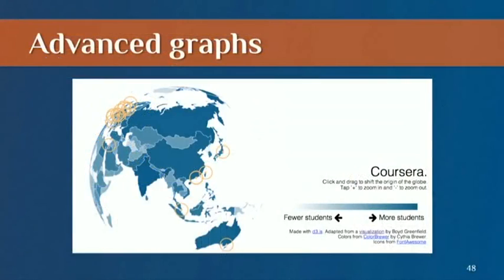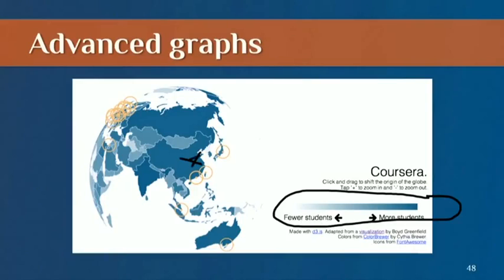They colored different countries, and the darker the color given to a country reflects more Coursera students from that country. So you can see we have a lot of students from China, a lot of students from India, a lot of students from Australia, and so on.